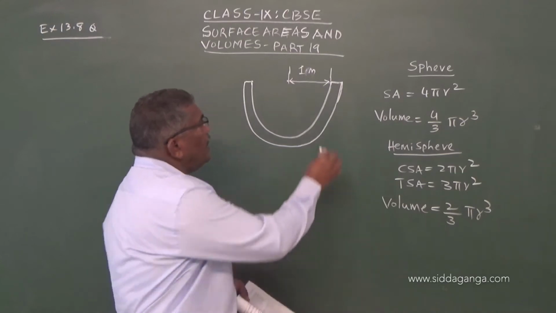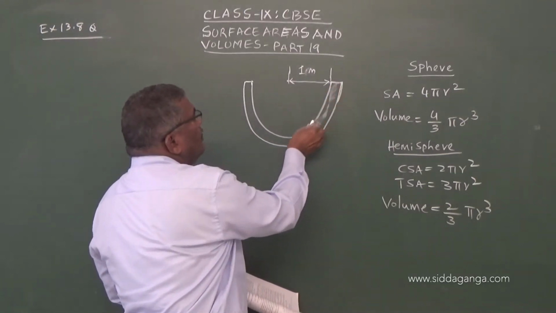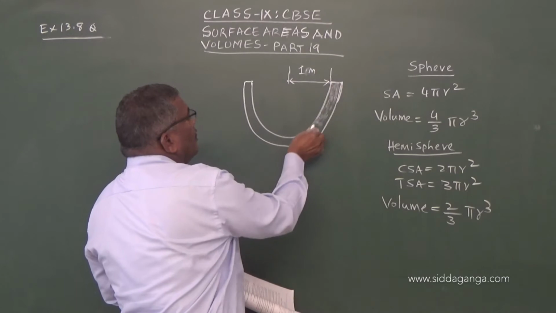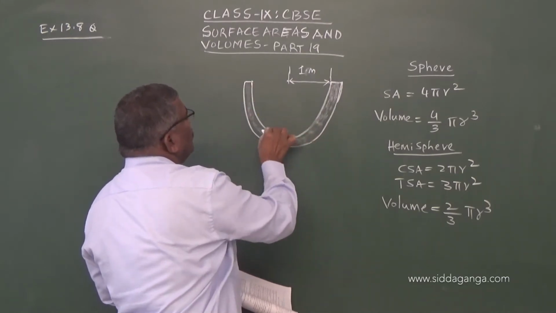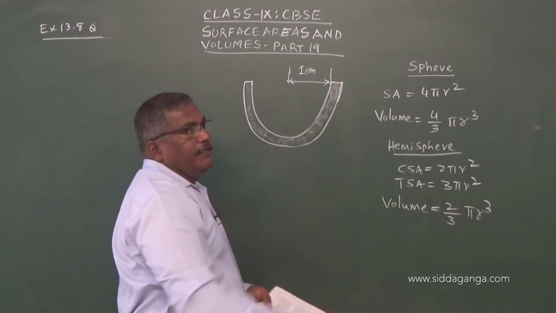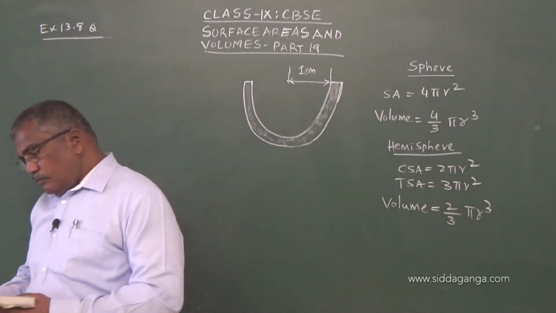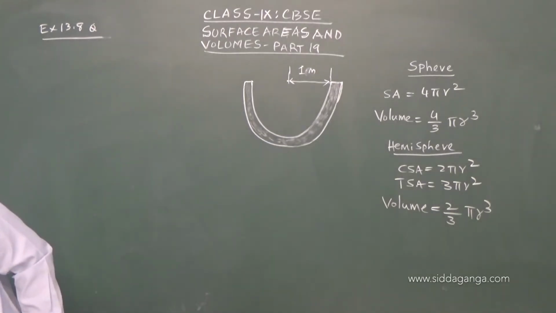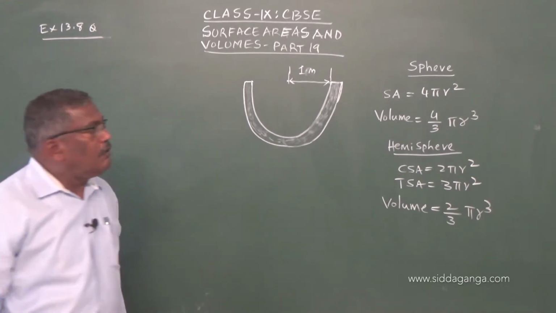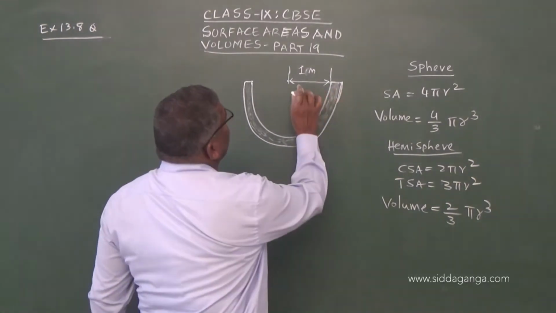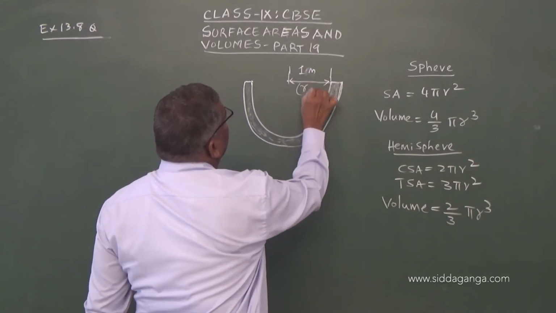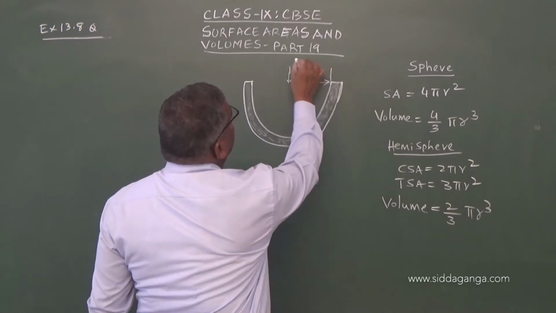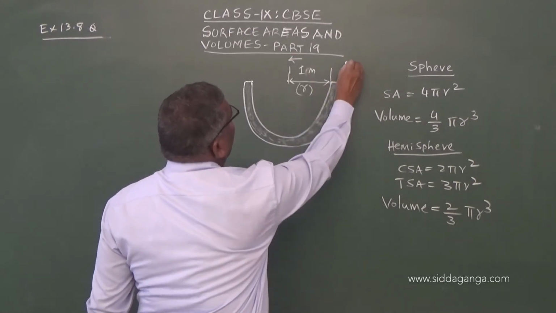We have to calculate the volume of the metal used in making the water tank. If this is the inner radius, small r, the outer radius is from here to here.